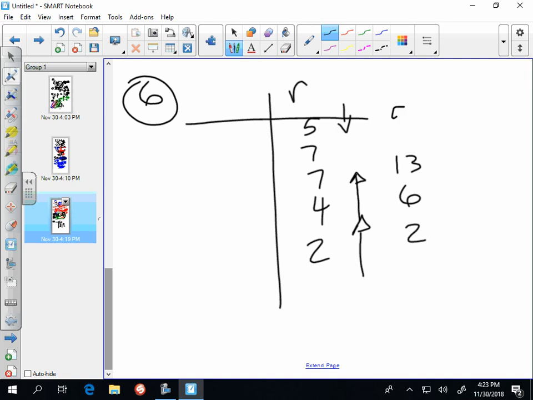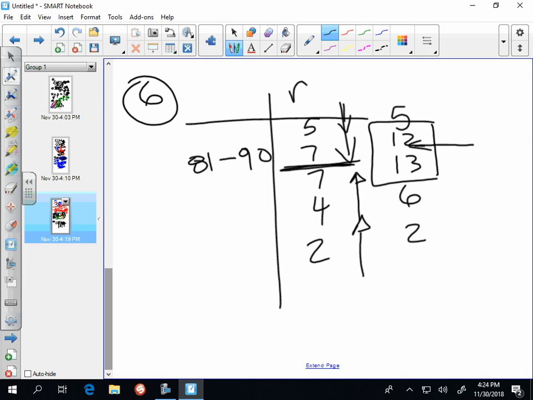Now I've got 5. Now, if I go further, 5 and 7 is 12. Well, halfway between 25 would be 12 and a half. So it would be right in between these two. What choices were those? Well, that was 81 to 90, and that was 71 to 80.